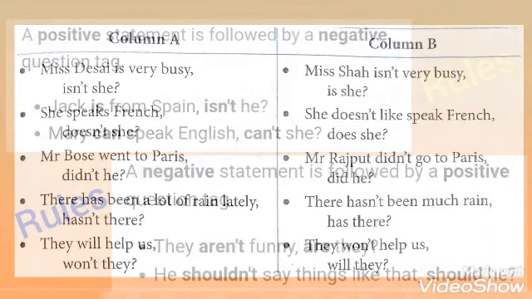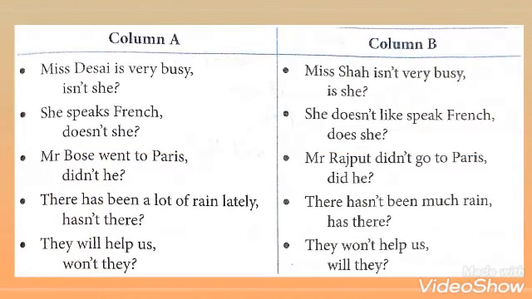Dear students, can you see two columns there? Column A and column B. In column A, we have positive statements with negative question tags, and in column B, we have negative statements with positive question tags. Let us check. First one: Miss Desai is very busy, isn't she? "Miss Desai is very busy" is a positive statement. "Isn't she" is a negative question tag.